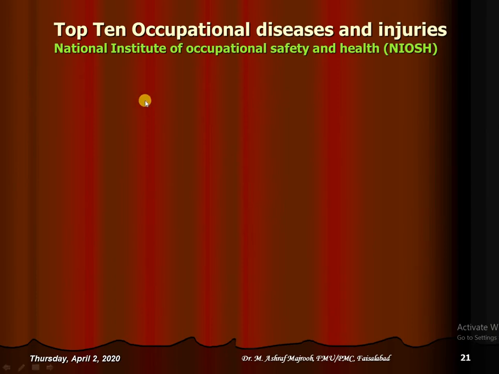Then the countries are preparing their top 10 disease list. Those top 10 diseases are placed on the surveillance list. The National Institute for Occupational Safety and Health of the United States has prepared its own top 10 diseases list.